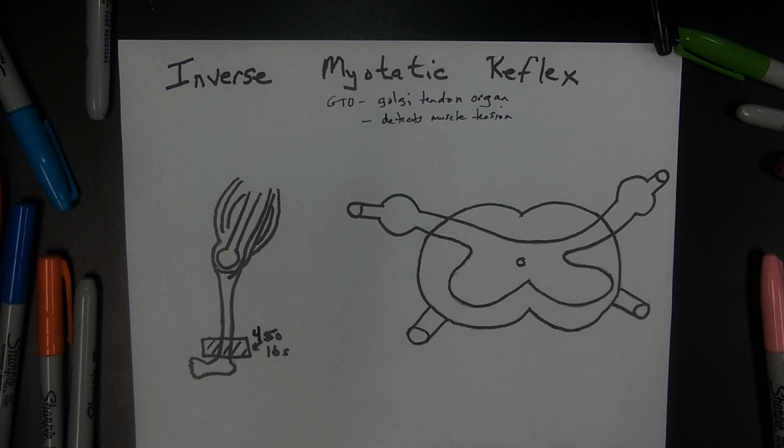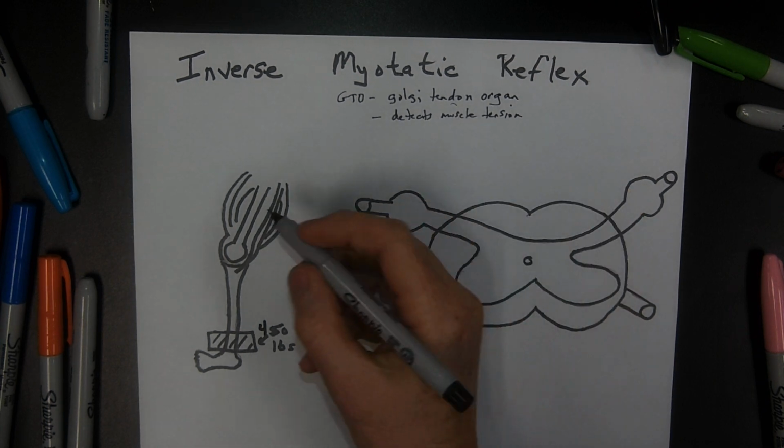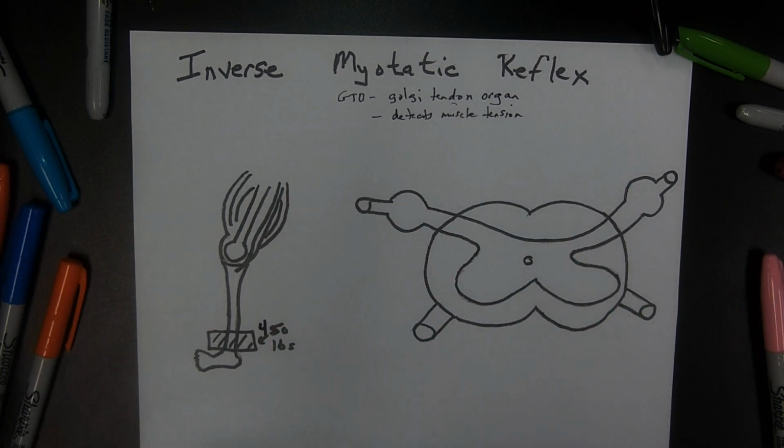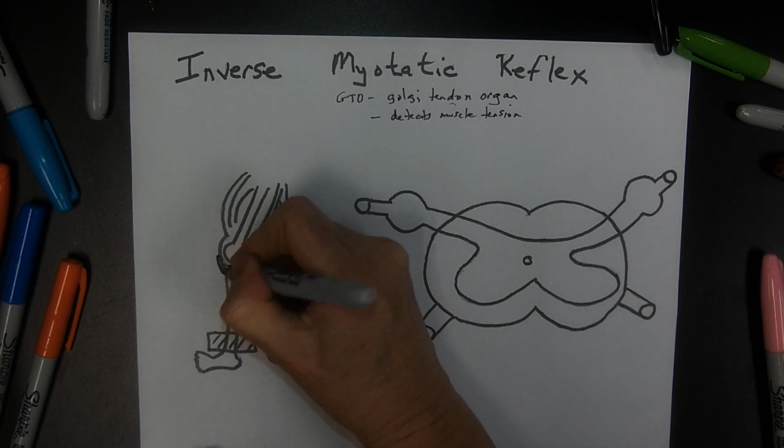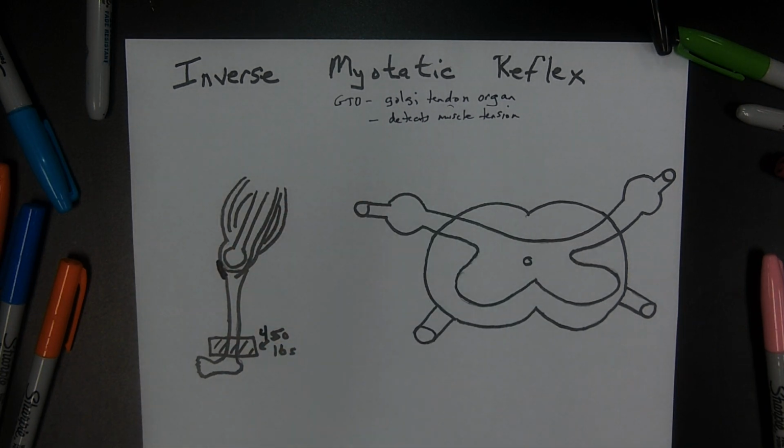And that's the job of the GTO. It detects muscle tension. Okay, and the GTO, like I said, is a tendon organ, so it resides in the tendon of the muscle. So here's the knee patellar tendon. Let's just think about quadriceps versus hamstrings. Okay, how does that work?